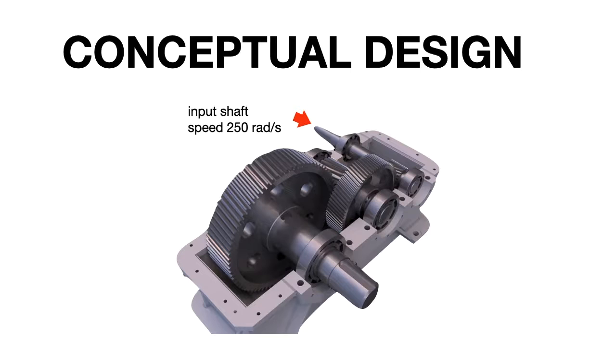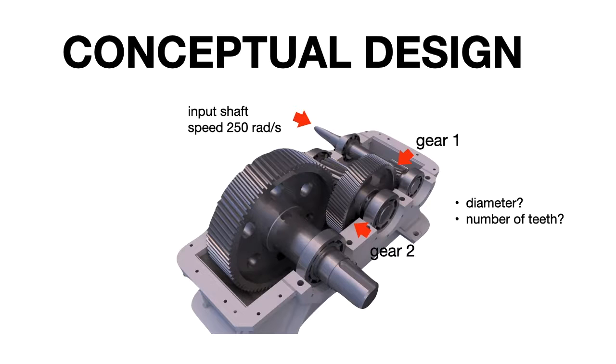So you have to define that the rotational speed of the shaft to be 250 radians per second. Okay, and then you have to attach a multiple combination of gears to the shaft. So when the shaft rotates, the gears also rotate. So there is one smaller gear connected to the input shaft, and then there is another gear connected to gear number 1, which has a bigger diameter than gear 1.